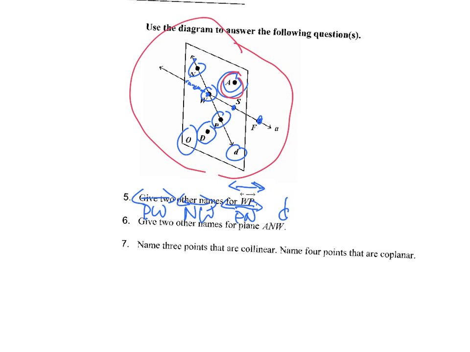So the best correct answer would be plane WNA and plane NWA, or basically plane any combination of these three letters.